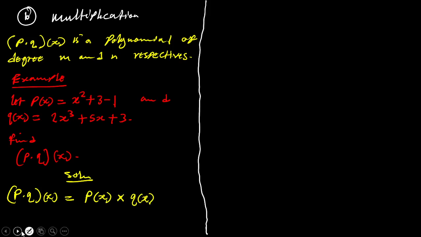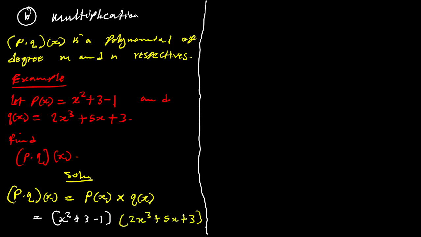After you understand such a statement, you are going to get this guy is the same as open bracket x squared plus 3x minus 1 close bracket, and then you are going to multiply it with the colleague, which is open bracket 2x cubed plus 5x plus 3 close bracket.